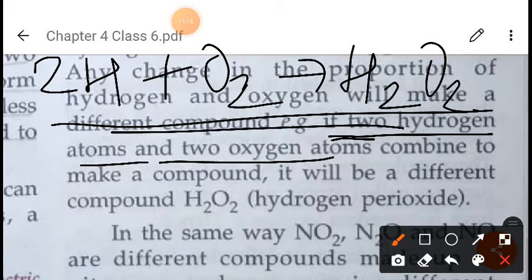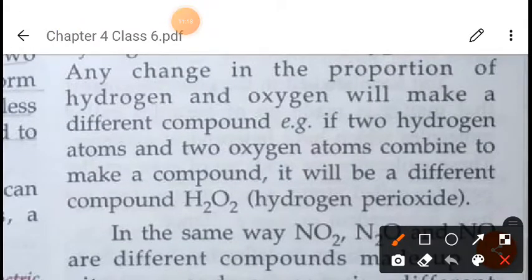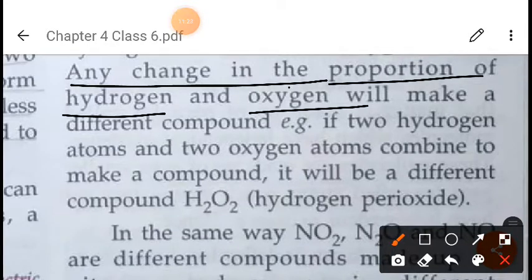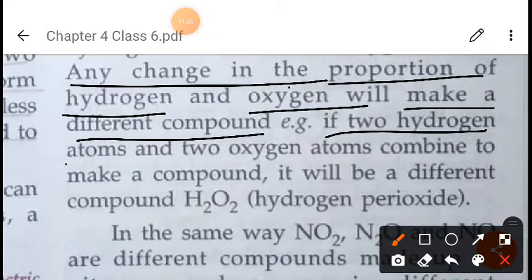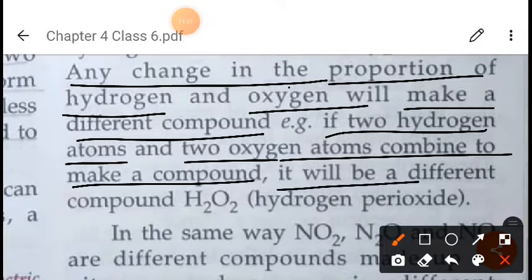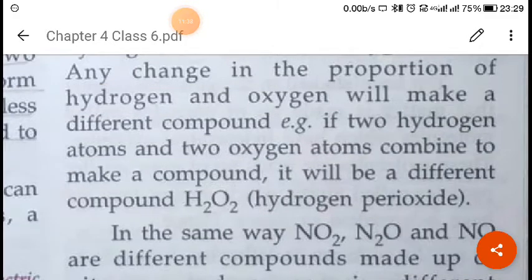You have seen, right? The composition has entirely changed. So what I mean to say is that any change in the proportion of hydrogen and oxygen will make a different compound, which is hydrogen peroxide, H2O2, okay?